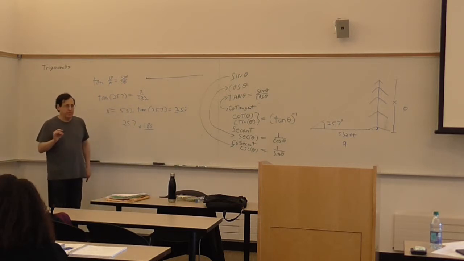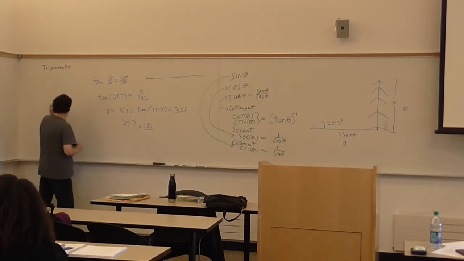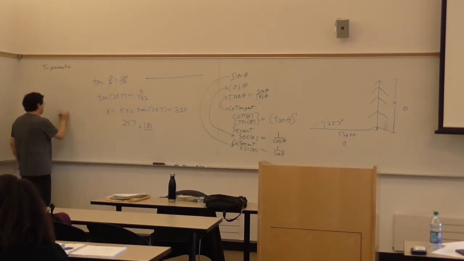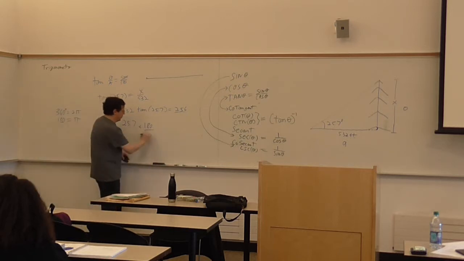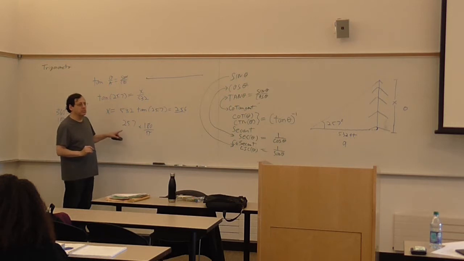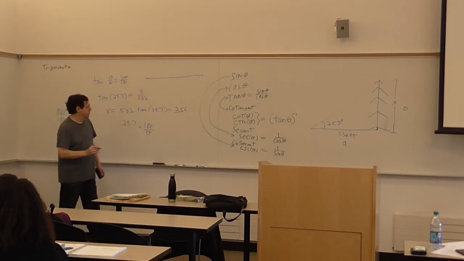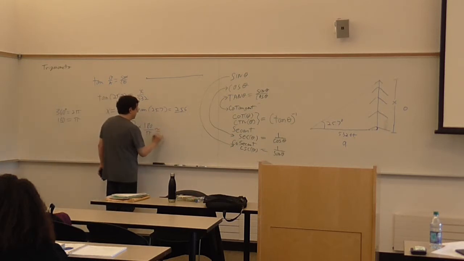Easy to confuse. Over pi. 360 degrees, that's a circle, equals 2 pi. So 180 equals pi. So it's going to be pi. Okay, would you multiply 25.7 times 180 divided by pi? Just approximately, what do you get?